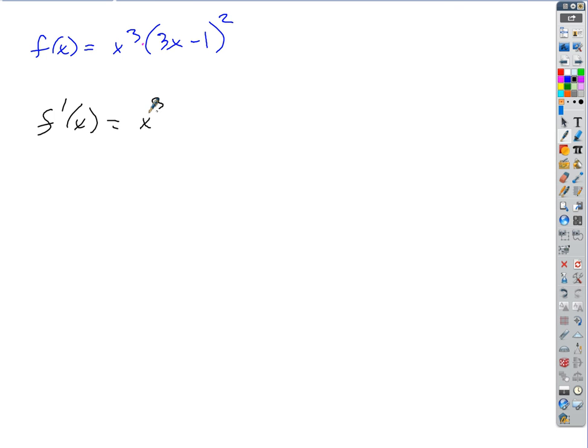Let's just digest this. If that's v prime, that's a chain rule issue, right? You've got 2 layers. Yes, sir. You could, but I'm just practicing on an easy one. Some of them you can't. So the derivative of v, what's that going to be?